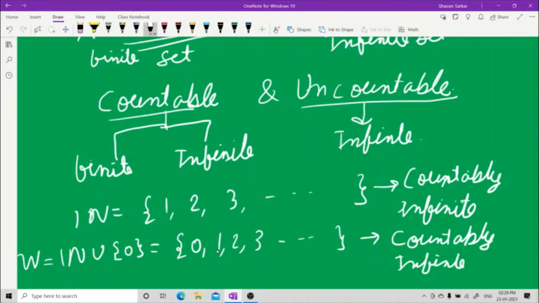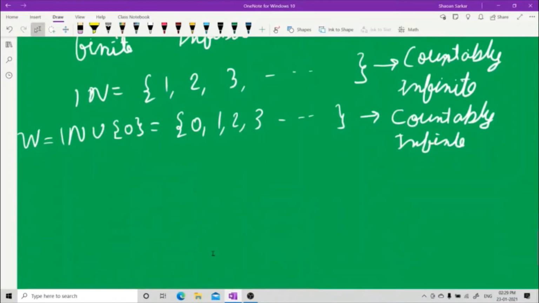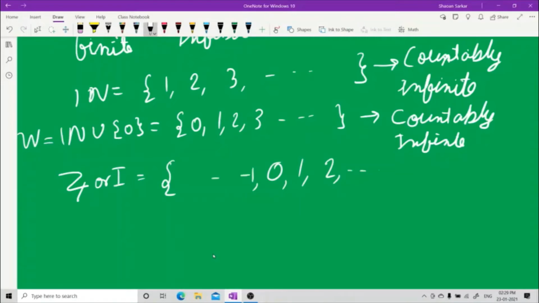Now let us see integers. Some people write it this way, or some books use this: 0, 1, 2, and so on and so forth, and -1, -2, -3, and so on. This is also countably infinite.